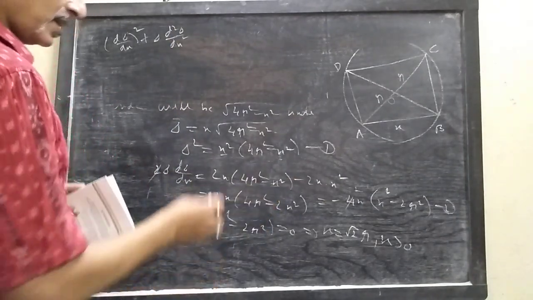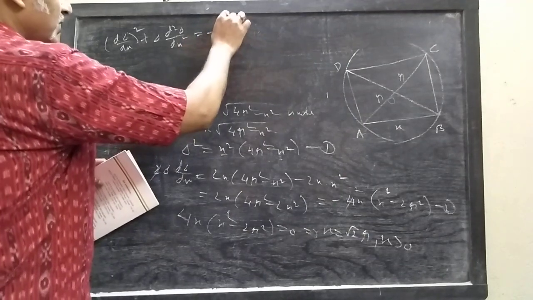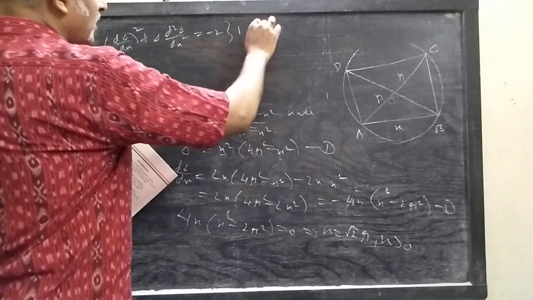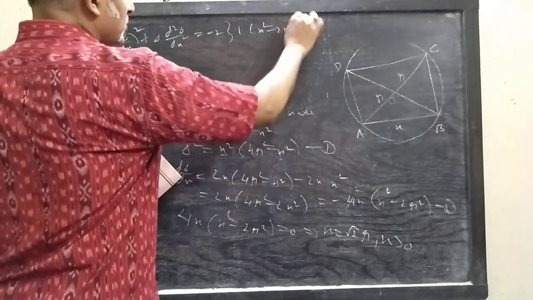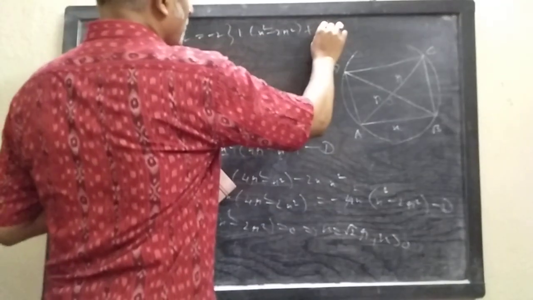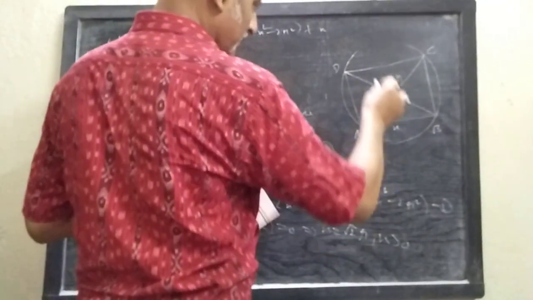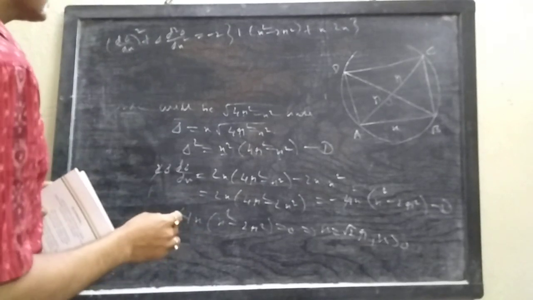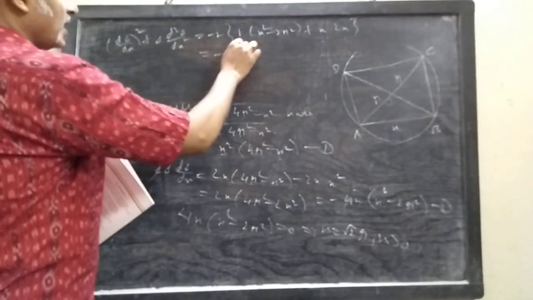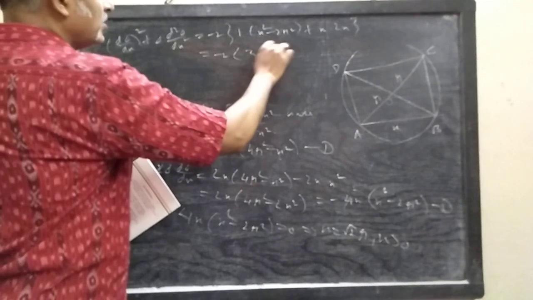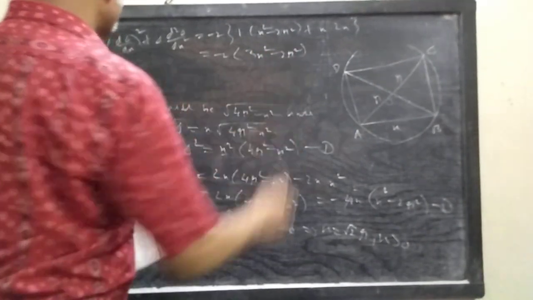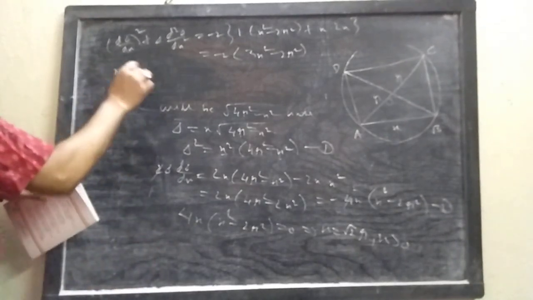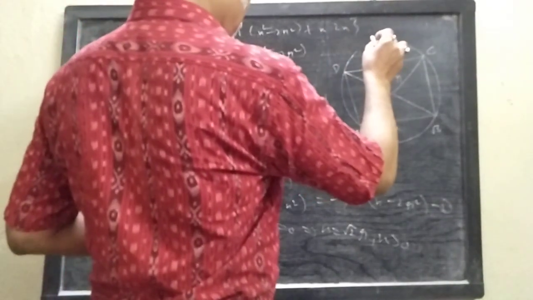Now the right hand side becomes minus 2, then 1 into x square minus 2R square, plus x into 2x. So this gives minus 2 into 3x square minus 2R square. Let us number it 3.